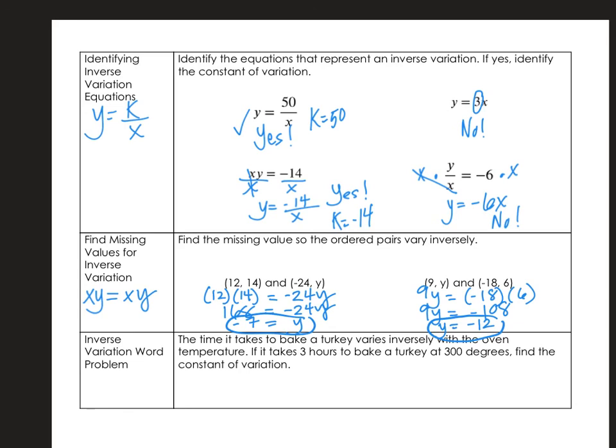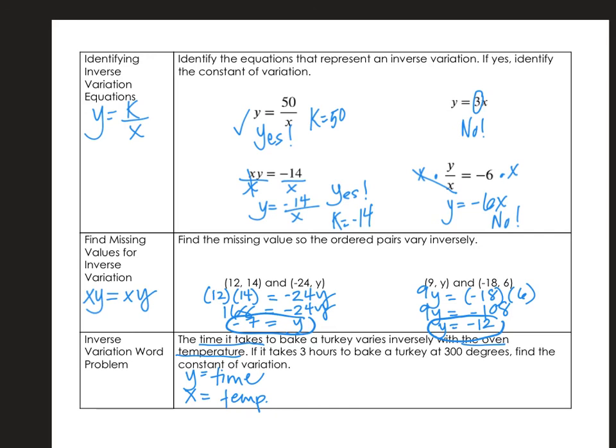All right, last one. So here's a word problem. The time it takes to bake a turkey varies inversely, and we know that the first variable that is mentioned, so the first measurement that is mentioned, is our y value. So time is our y value. It varies inversely with the oven temperature. Okay, so our x value is our temp, or temperature. If it takes 3 hours to bake a turkey at 300 degrees, find the constant of variation.